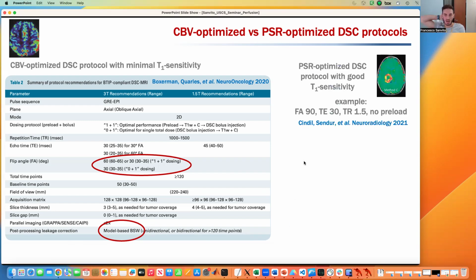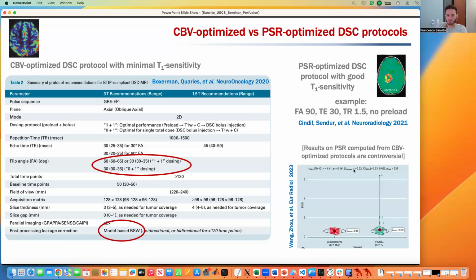Whereas for PSR, if we want to see these changes of the percentage of signal recovery over time and to differentiate different tumor types that show different recovery, we want to be sensitive to T1 effects. So for instance, we will use a high flip angle of 90 with no preload. So there is some conflict because if we want to optimize DSC for CBV, we cannot optimize DSC for PSR, so we have to make a choice.